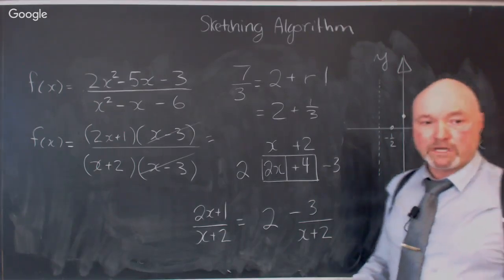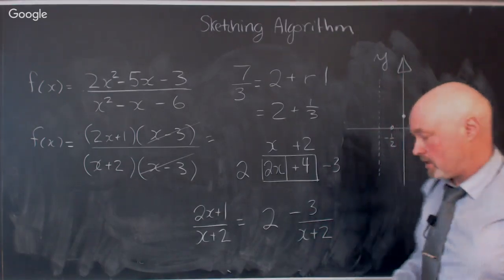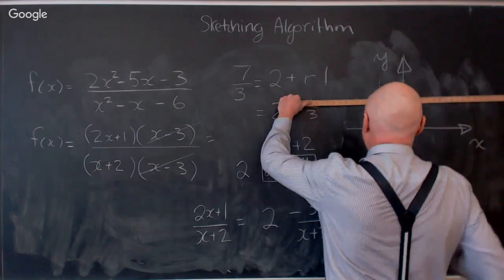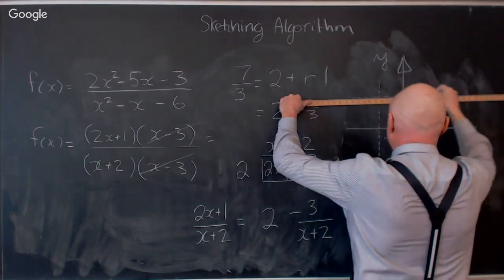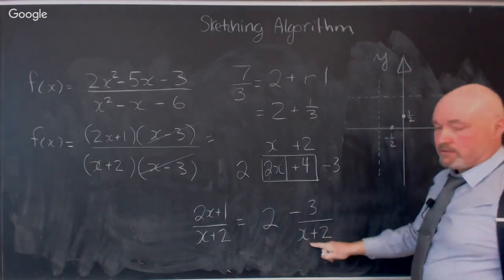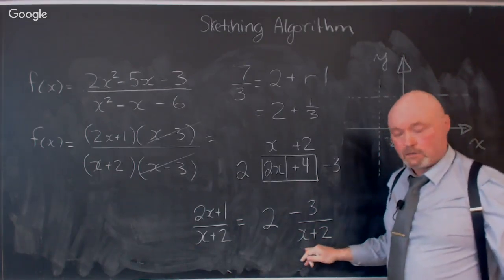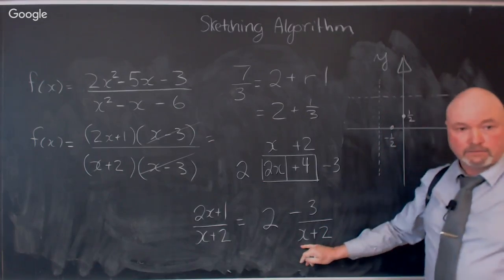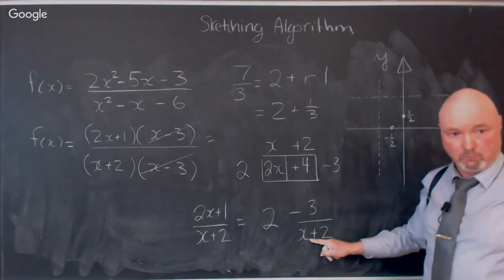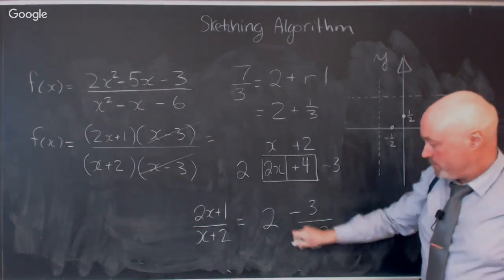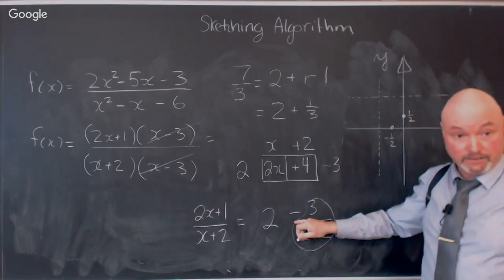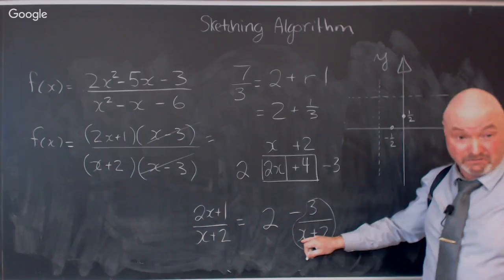So this can basically tell us what's going on as we're approaching this horizontal asymptote of y equals 2. When x is a really big negative number, like negative 100, this part of the expression is going to be negative, and we're subtracting it, so it's going to be positive.